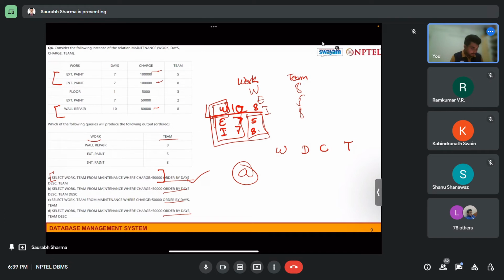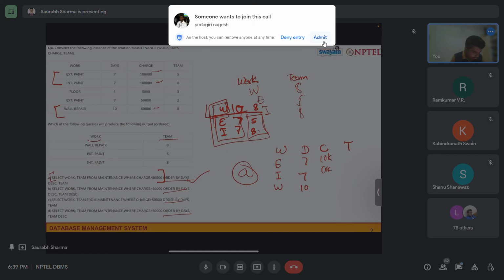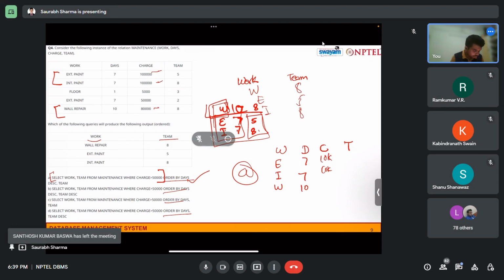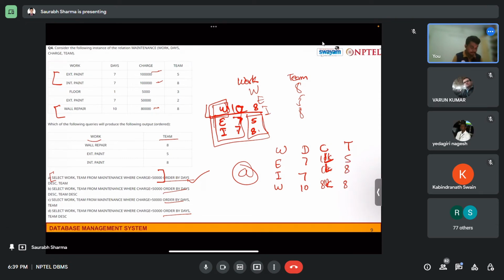We have exterior, interior, then wall, with days 7, 7, 10, charge 10k, 10k, sorry, 1 lakh, I think, and 80k. Then teams are 5, 8, 8.